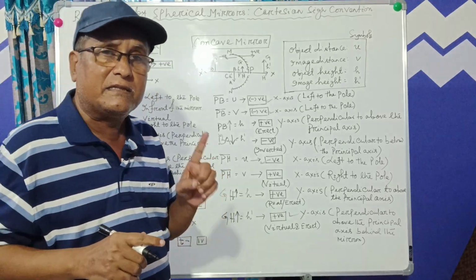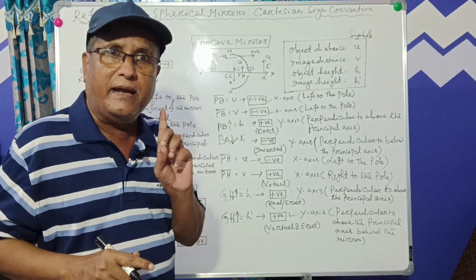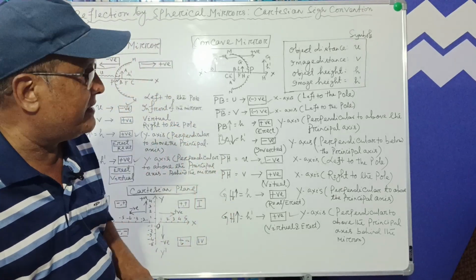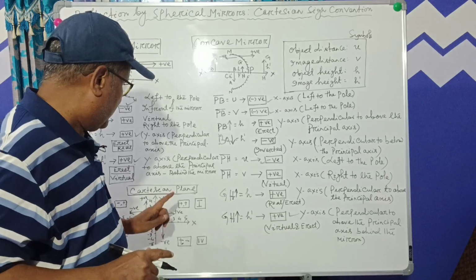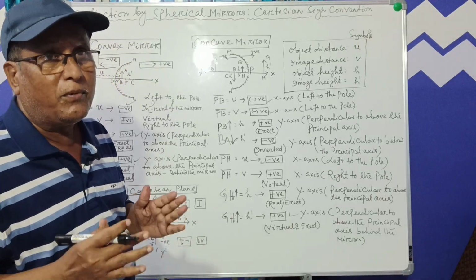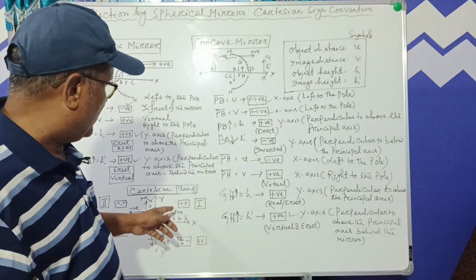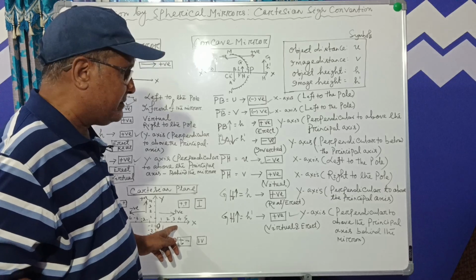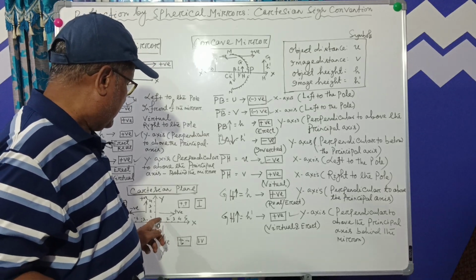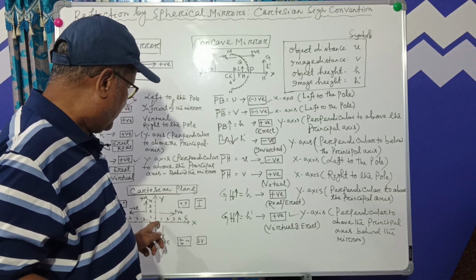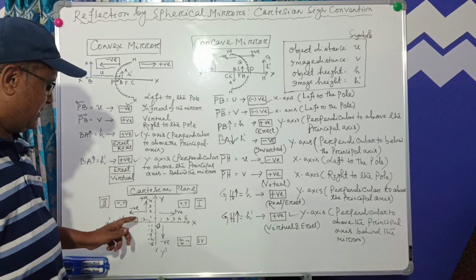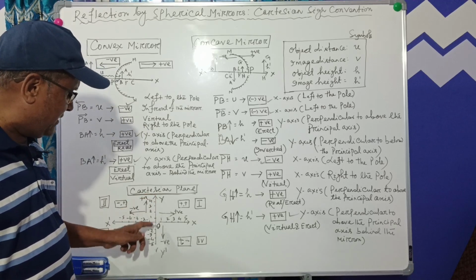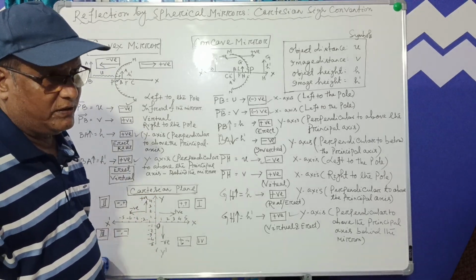So a point is described by two coordinates, x coordinate and y coordinate. Accordingly, we use a plus or minus sign, whether it is to the right or left of the origin, upward or downward from the origin.